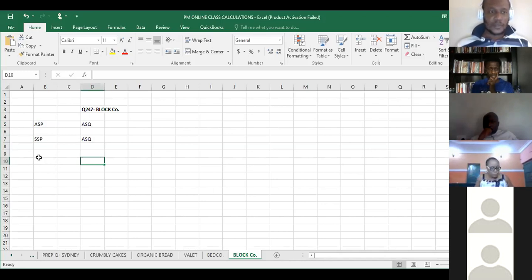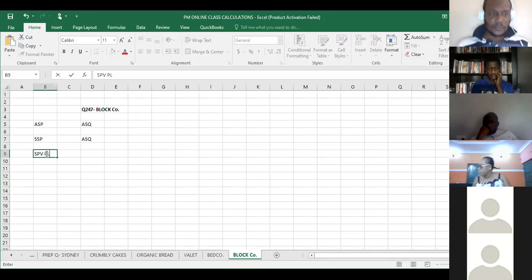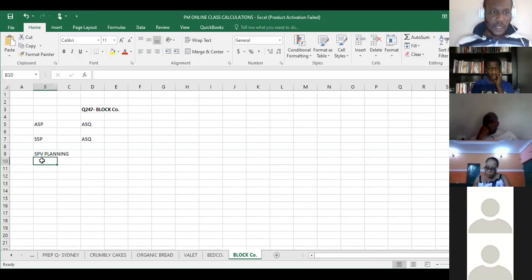So we'll do the planning part now. Our sales price variance planning will be, we're comparing standard with revised standard, so revised standard price.